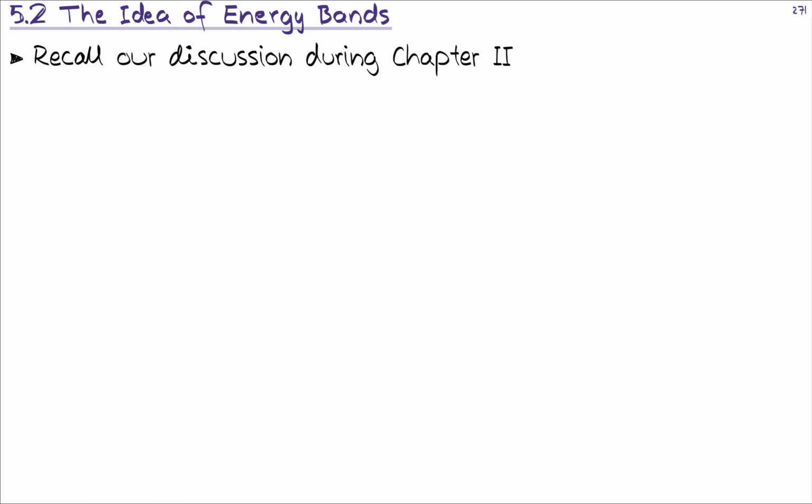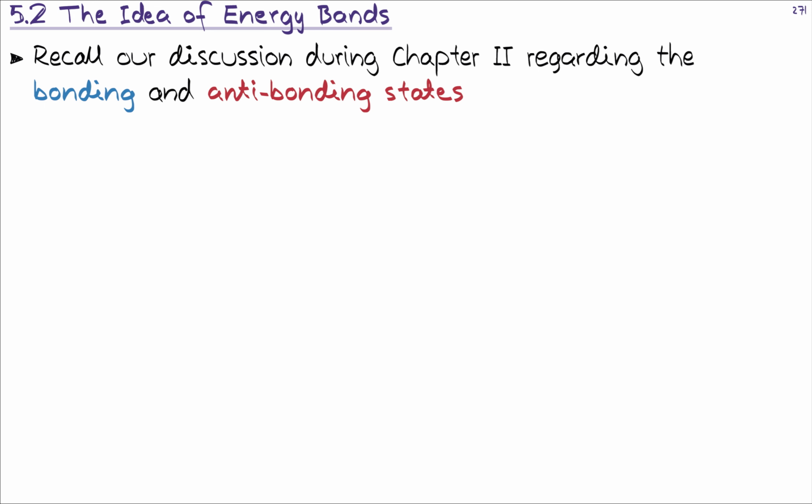So please recall our treatment during chapter 2 regarding the bonding states and the anti-bonding states. In this treatment, we were dealing with a hydrogen molecule, if I don't remember wrongly, and the number of electrons we considered was 2.